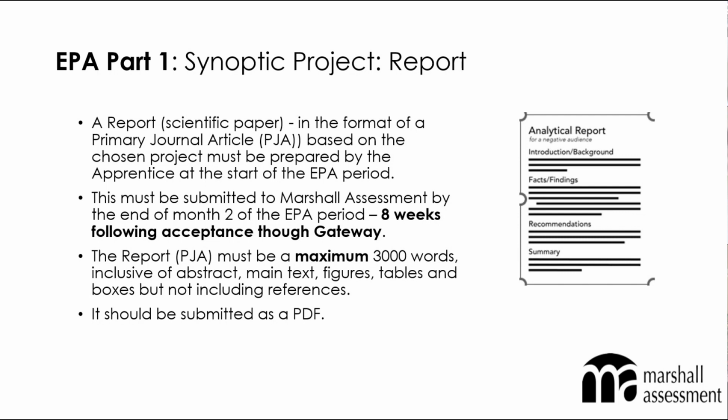As I've mentioned, that report will go to a Marshall independent assessor, but it will also go to the technical expert, which is someone from your place of work. Those two people will review it, and they'll then meet and decide the questions they're going to ask the apprentice at endpoint assessment.